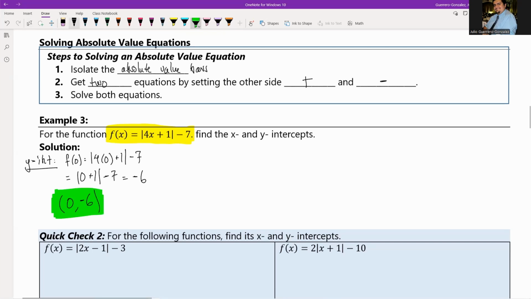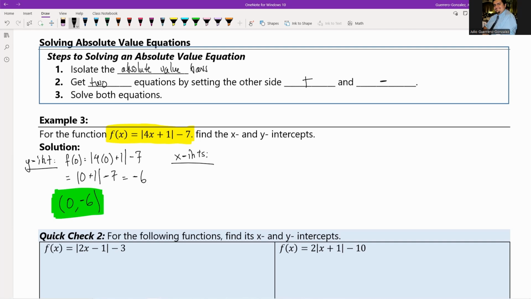All right, so let's do the x-intercepts now. This one is the one where we need to set y equal to 0 and solve for my x's. This is the one that's going to involve our 3 steps from above.